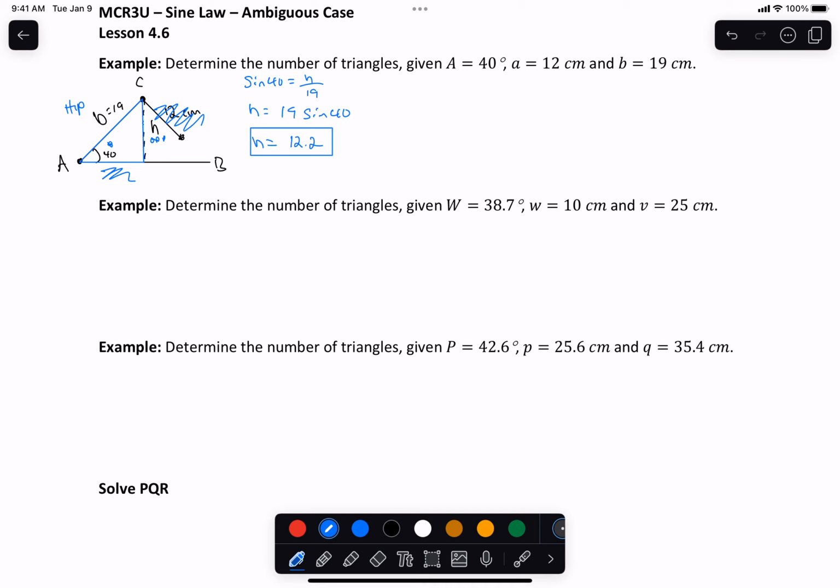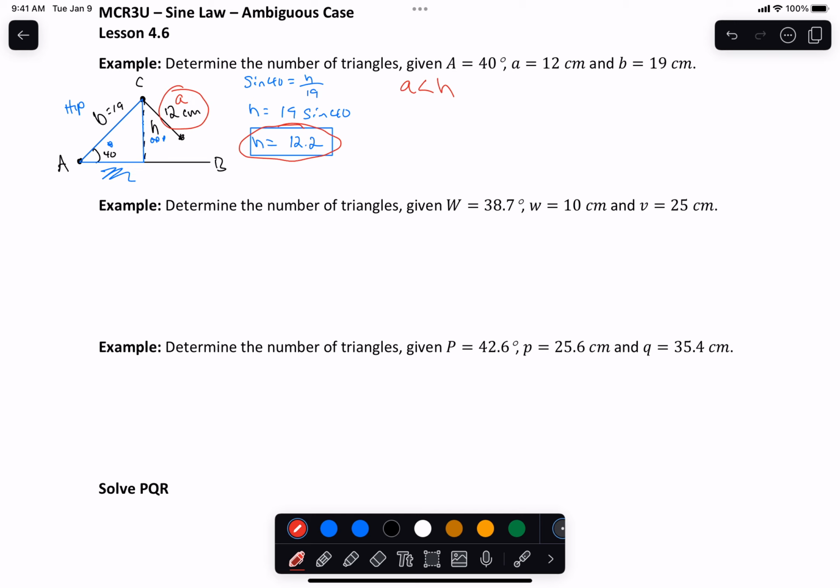So if I reference back to my little summary sheet on the other side, how many triangles am I going to get? Because now the question has also told you about side length A, and that side length A is 12 centimeters. So side length A is actually shorter than the height. So what does that mean? It means A is less than H. So what does that mean? That other side length never touches the bottom.